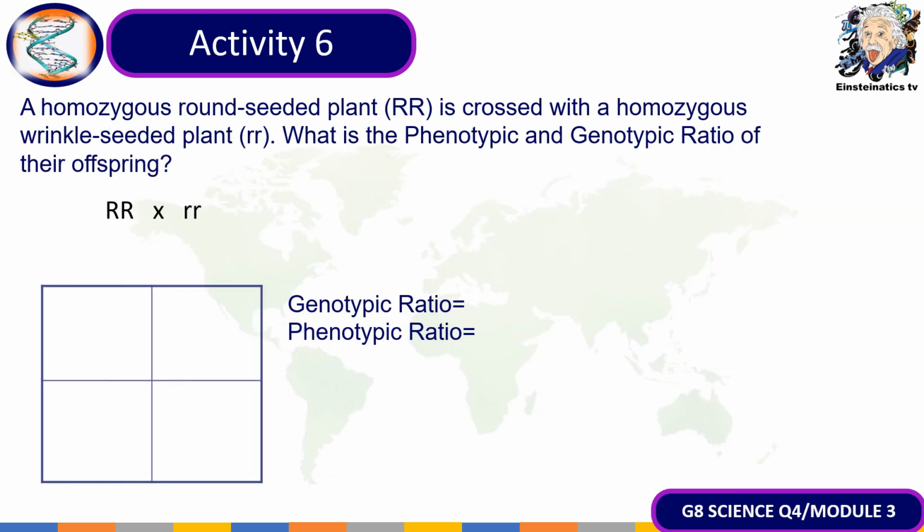For activity 6, you are tasked to solve the given problem. A homozygous round-seeded plant, represented by these letters, capital letter R, is crossed with a homozygous wrinkled-seeded plant. So you are tasked to determine the phenotypic and genotypic ratio of their offspring.